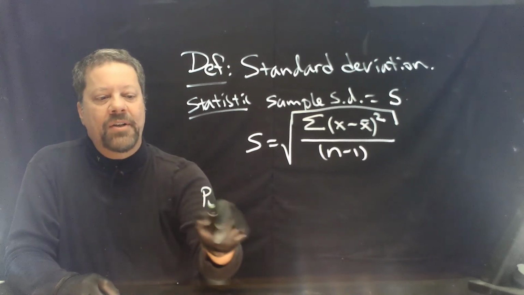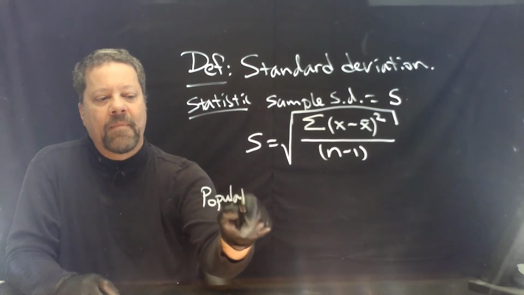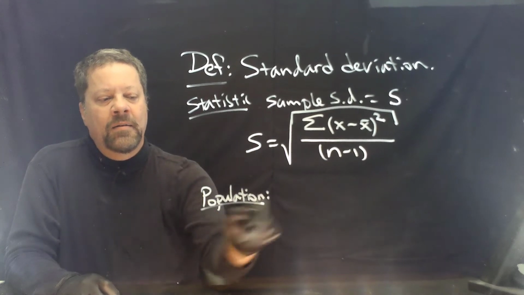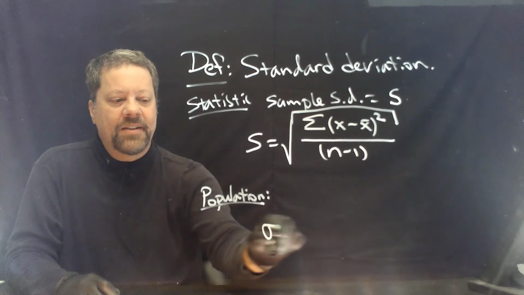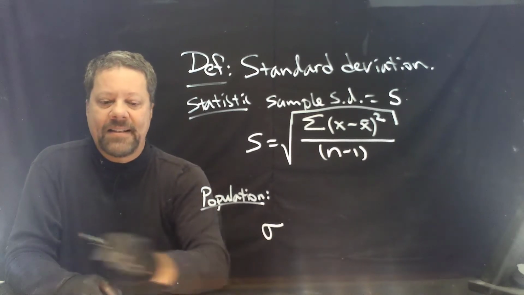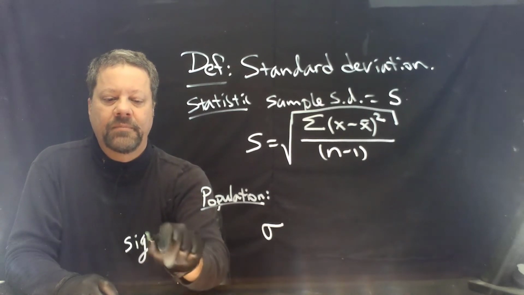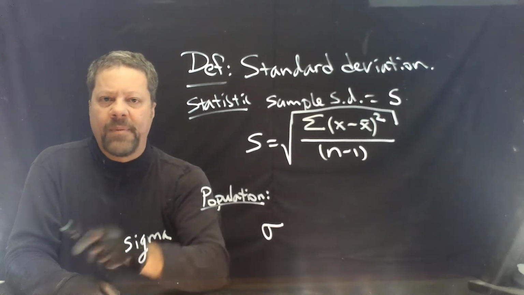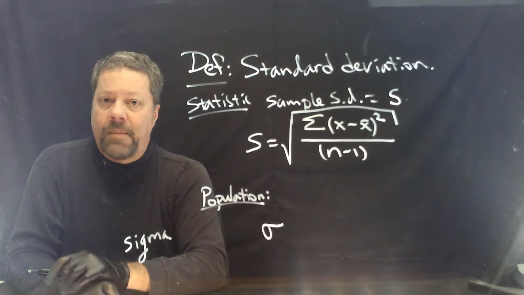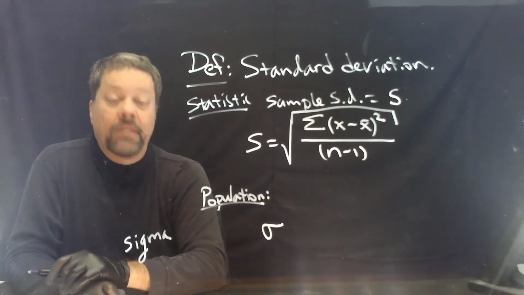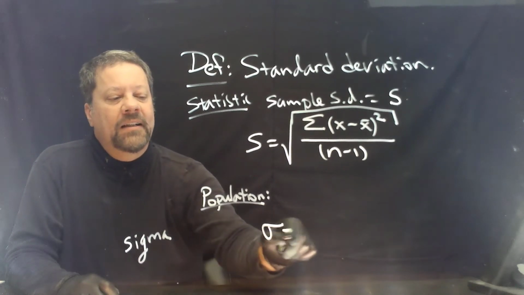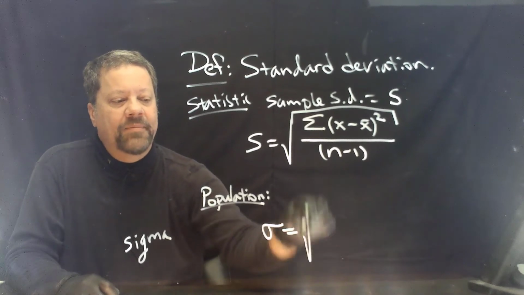For the population, we use a parameter. The standard deviation in this case is denoted by a lowercase sigma. Remember, the uppercase sigma stood for sum. The lowercase sigma will stand for standard deviation for the population. And it's defined in a similar way.